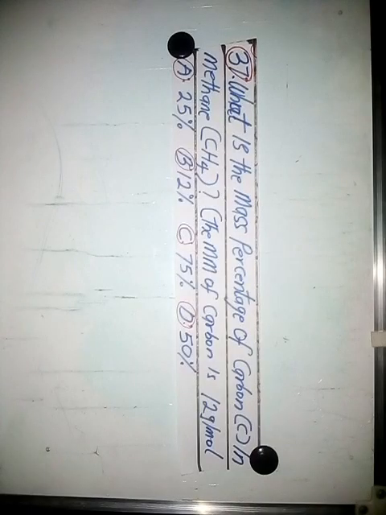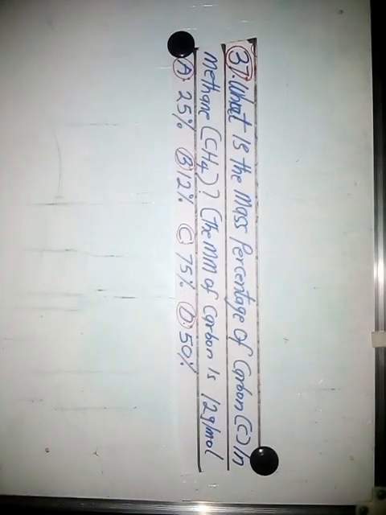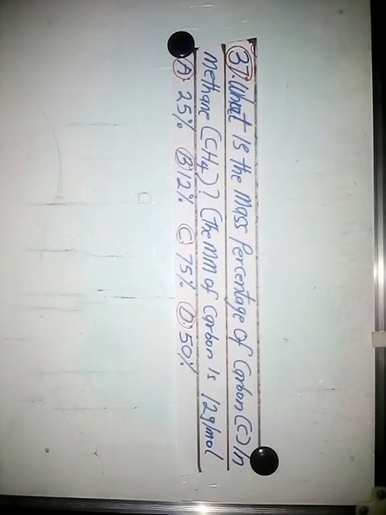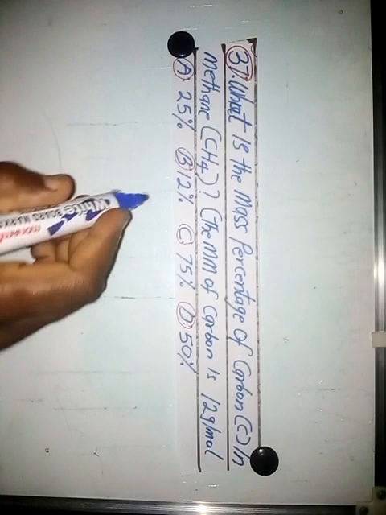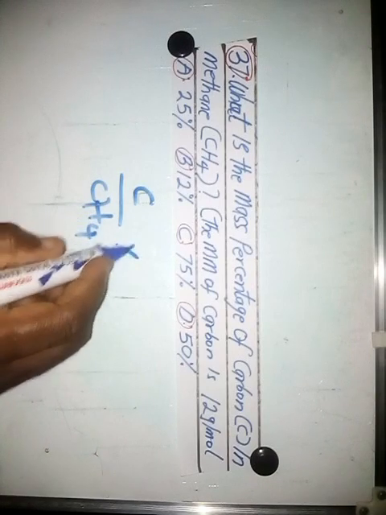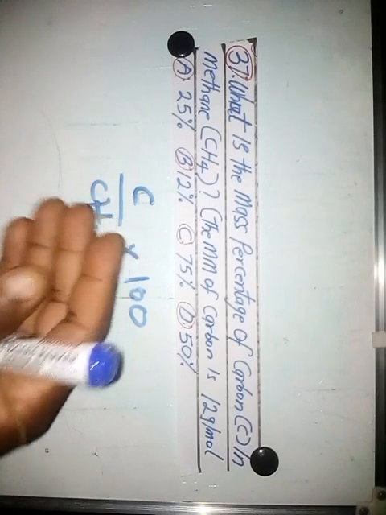So 37. What is the mass percentage of carbon in methane? So we're looking at the mass percentage of carbon in methane.